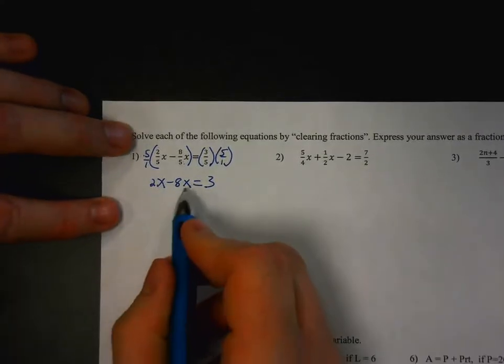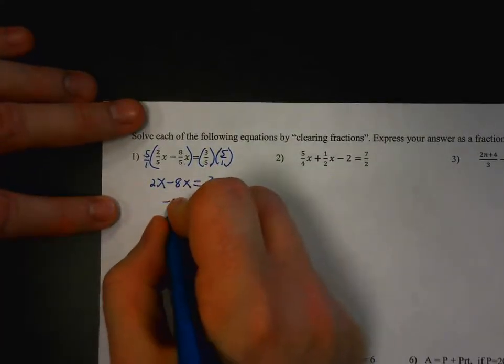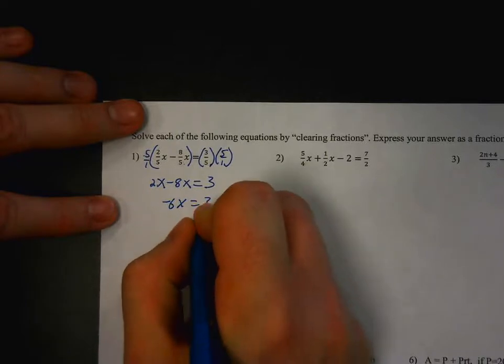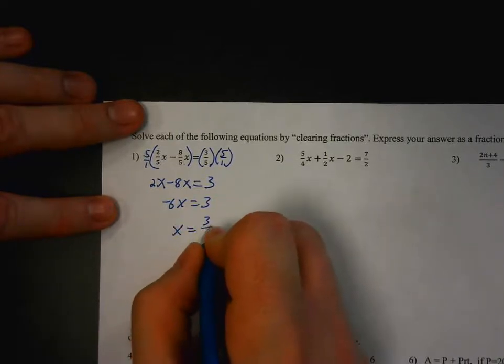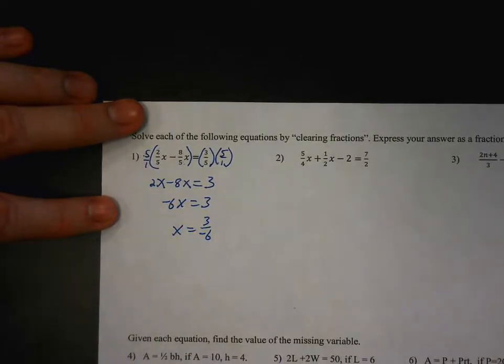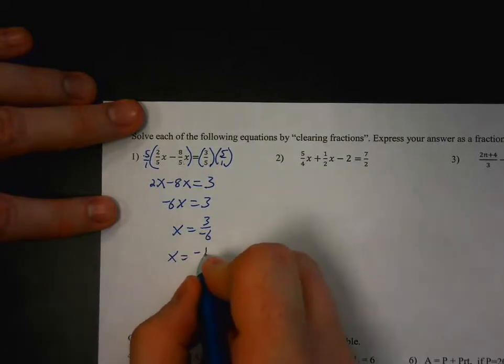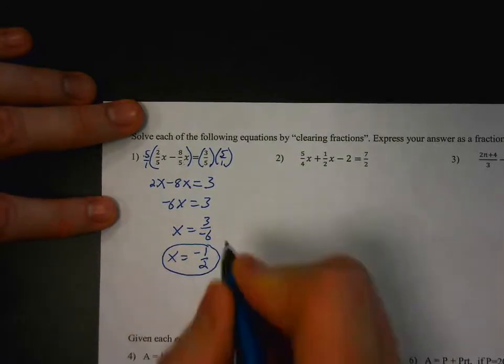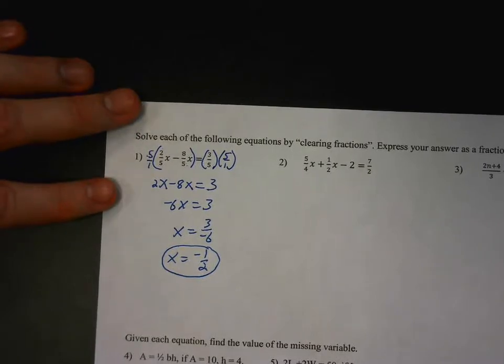Okay, so 2x minus 8x, combine those together is -6x equals 3. Divide by -6, reduce it, and we get -1/2. Okay, which is what we said the answer was if we did it the other way.